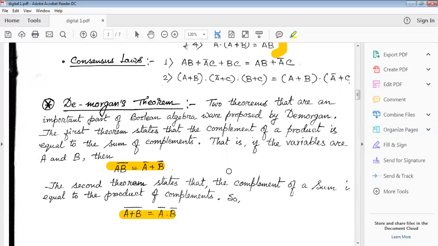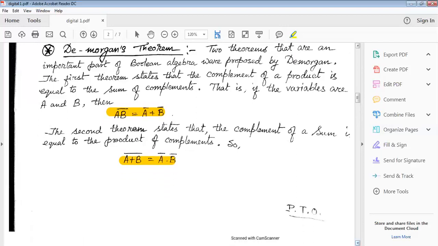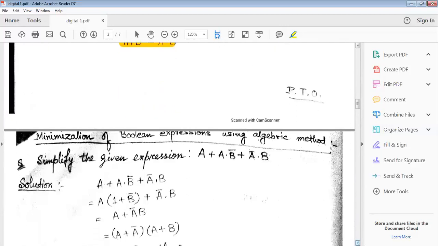That means the complement of a multiplication is the summation of complemented inputs. Similarly, the second theorem states that the complement of a sum is equal to the product of complements, that is A plus B whole bar equals A bar dot B bar. These are De Morgan's theorems, and this is very important. Again, I am saying these are very important theorems. It is very helpful throughout digital electronics and throughout your curriculum study.